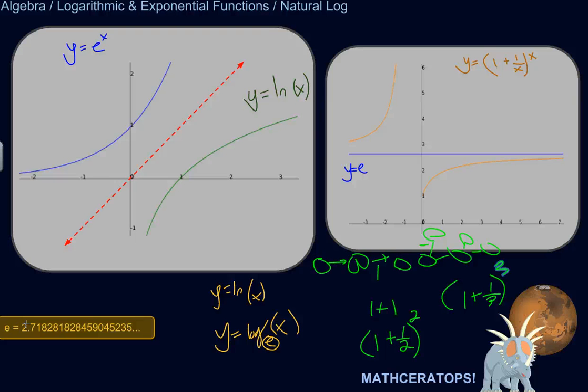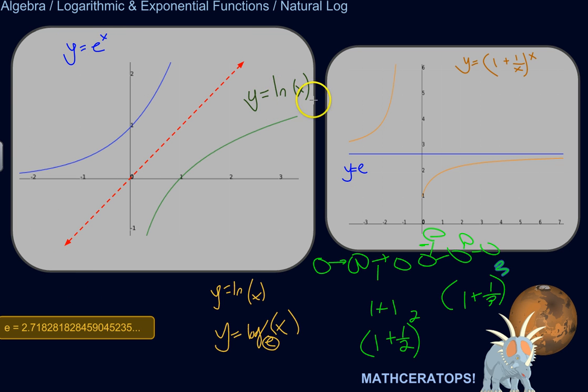Common log is base 10, and the reason why that is so used is that our number system is base 10. It's based on tens. Well, natural log is used all the time because this e thing pops up everywhere. It's just the rate of continuous exponential growth. So, okay, hopefully that was semi-interesting.